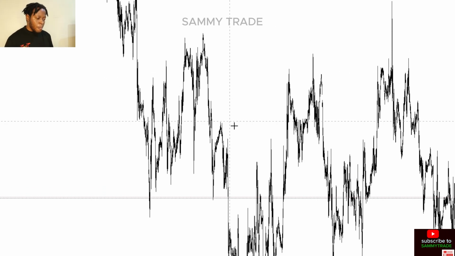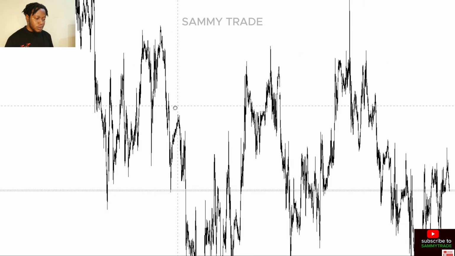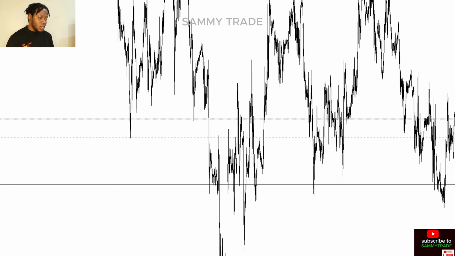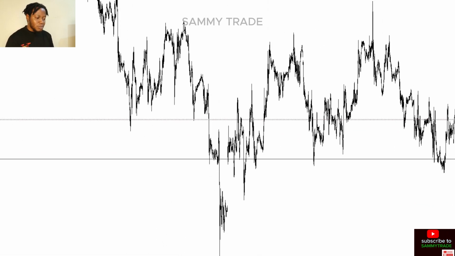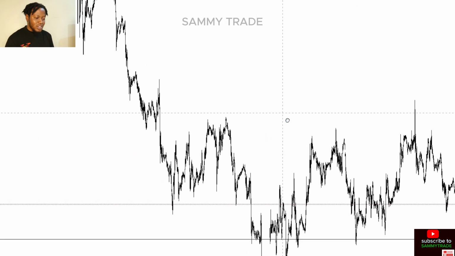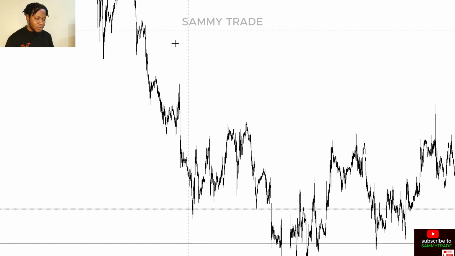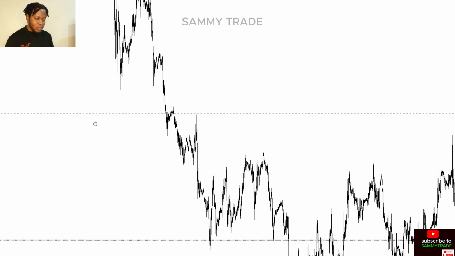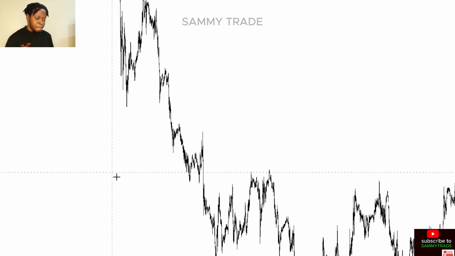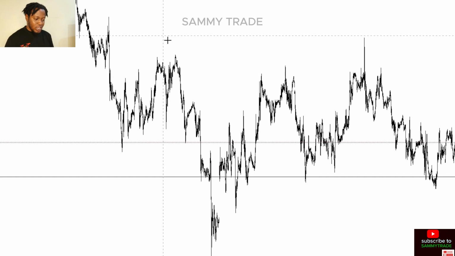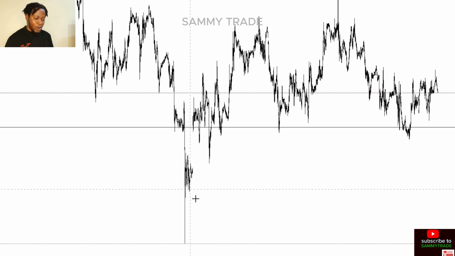So at this point, as price is pulling back, giving us a lower low, let me mark this market structure for you guys so you can see something. As price is coming down, a lower low at this point, a lower high, a lower low, a lower high, a lower low, a lower high, and a lower low.